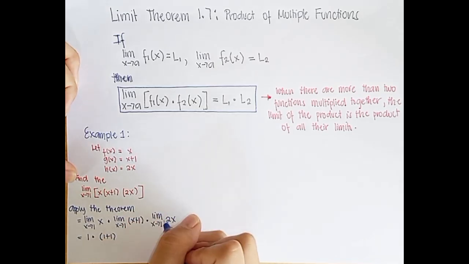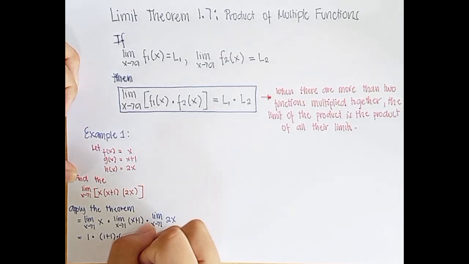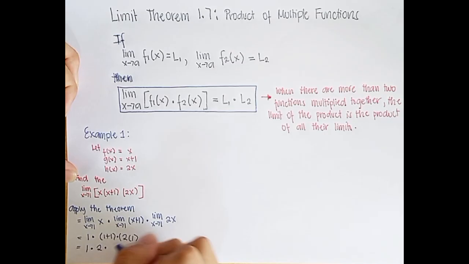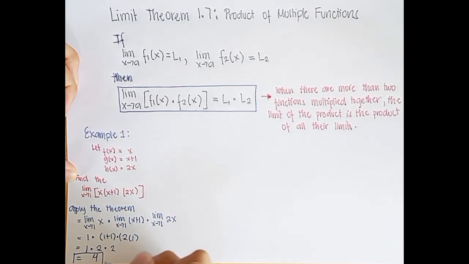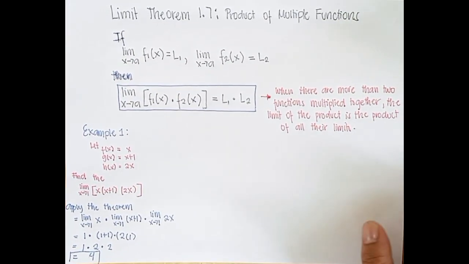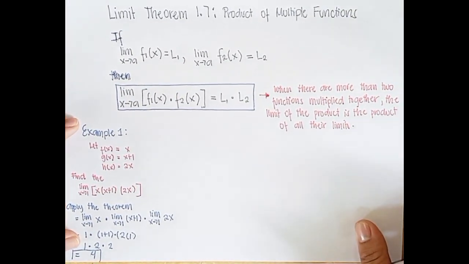So 1 times 1 plus 1 is equal to 2, times 2 times 1 is equal to 2. So 1 times 2 is equal to 2, times 2 is equal to 4. Therefore, the limit as x approaches 1 of x times x plus 1 times 2x is equal to 4.